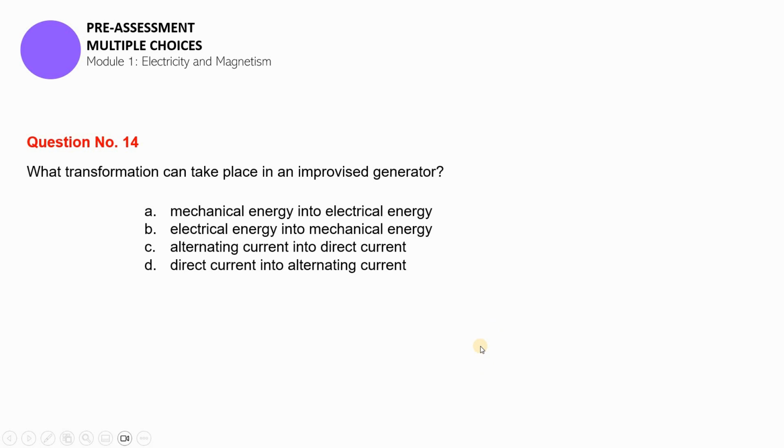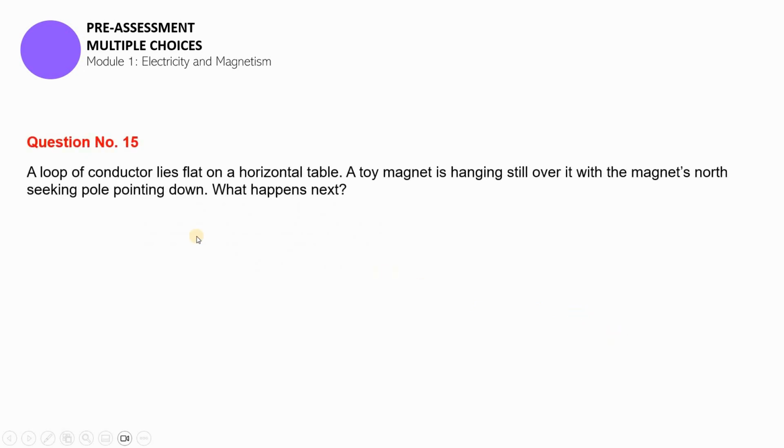If you are through, let us now proceed to the last question in this pre-assessment. Question number 15. A loop of conductor lies flat on a horizontal table. A toy magnet is hanging still over it, with the magnet's north-seeking pole pointing down. What happens next?